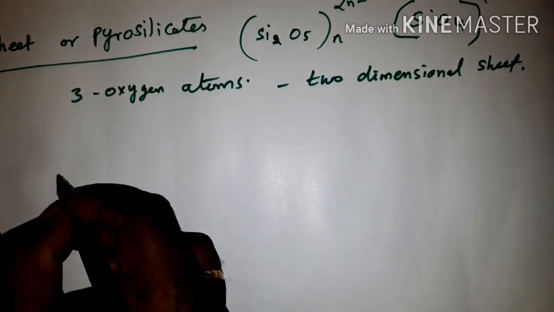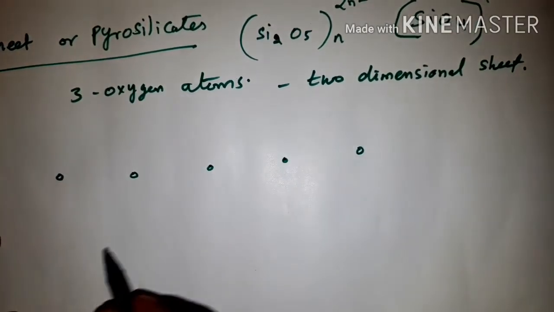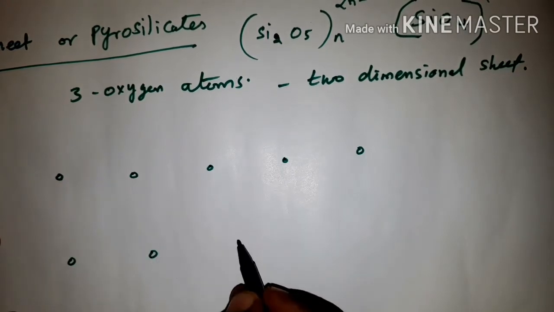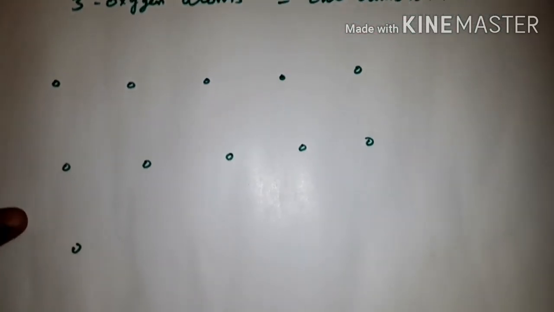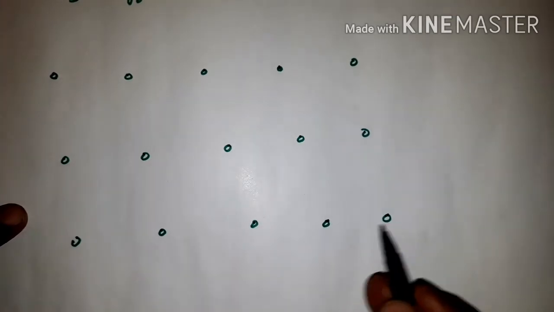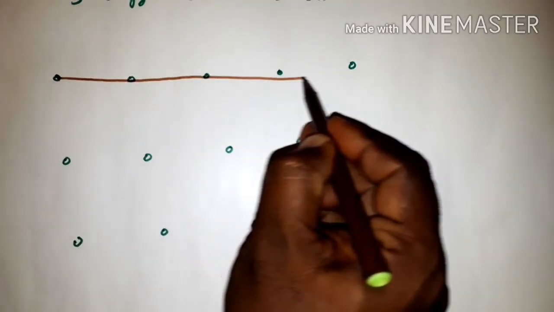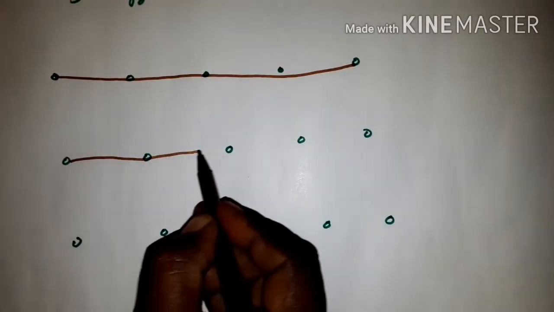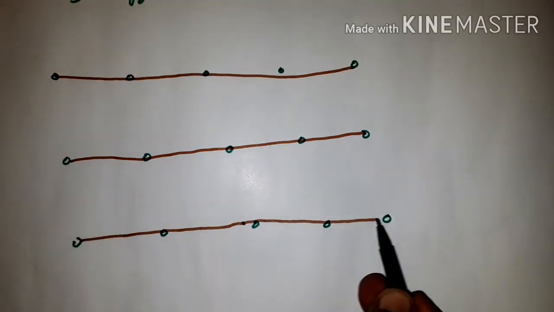First make oxygen atoms in a straight line, in 3 lines, and make a linear structure, a straight line, with all the oxygen atoms placed on the line.